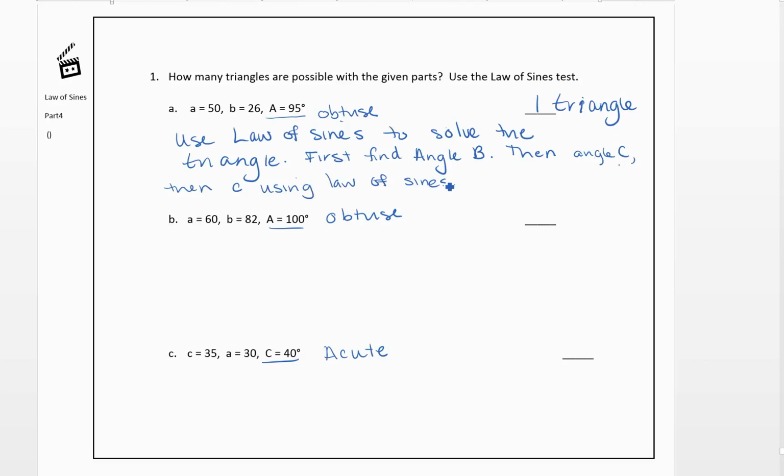Okay, the next one we have little a equals 60, b equals 82, and A is 100. Here we notice that the side that's across from an obtuse angle is smaller than our other side.